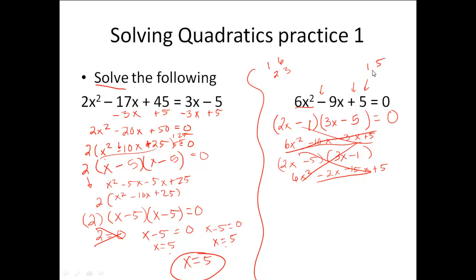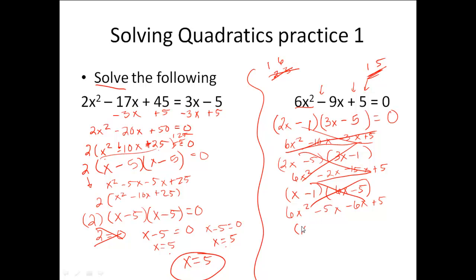Well, now, since 1 and 5 were our only factors of 5, I need to go back up here and rethink my 2 and my 3. I'm going to try 1 and 6 now instead. So I'm going to do x minus 1 and 6x minus 5 and hope this time it works. So I'll have 6x squared minus 5x minus 6x plus 5, and that's not going to give me the minus 9.